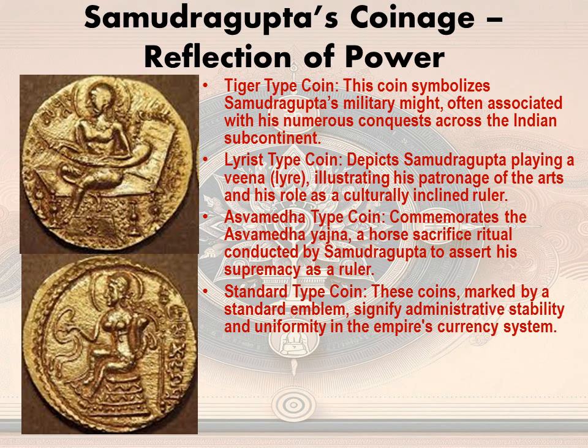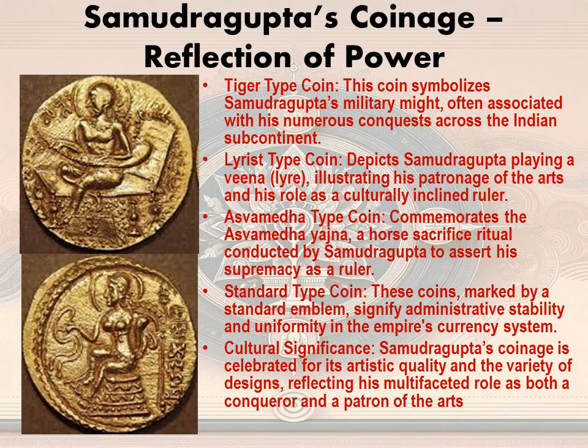So, from all these varieties in the type of coins, we can understand that there was a stable administrative system and also uniformity in the currency system during Samudragupta's time. Samudragupta's coinage is celebrated for its artistic quality and the variety of designs, reflecting his multifaceted role both as a conqueror and a patron of arts.